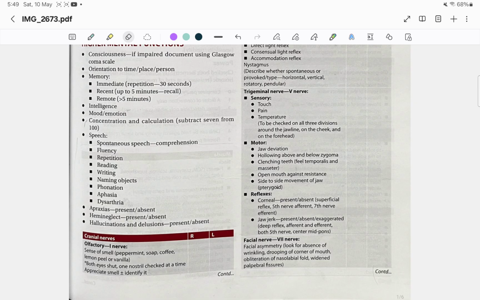Dysarthria means a problem of articulation. Each and every word has a different type of articulation. For example, if you're saying A, E, F, O, these sounds have different kinds of articulation in your oropharynx, your hypopharynx, your laryngeal cavity, your oral cavity and your tongue.